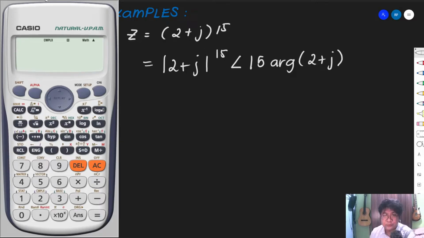Absolute value, that is shift height, para lumabas yung absolute sign. 2 plus i raised to 15. Ayan, ganyan siya. Then, angle 15, tas yung argument, shift 1 for the argument, 2 plus i. Okay?